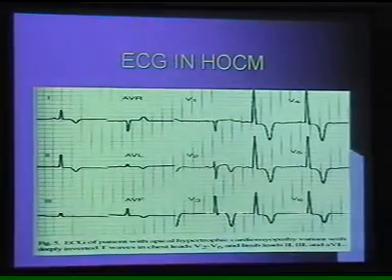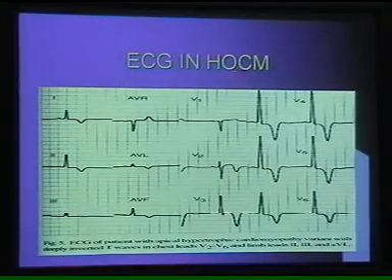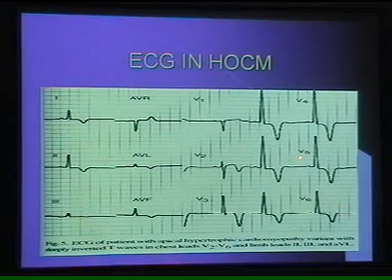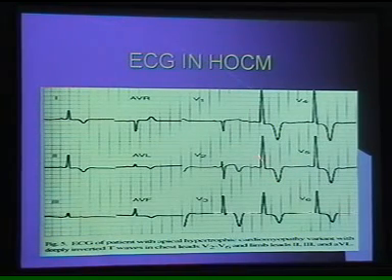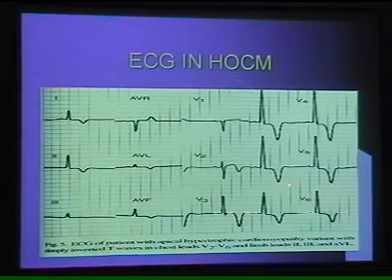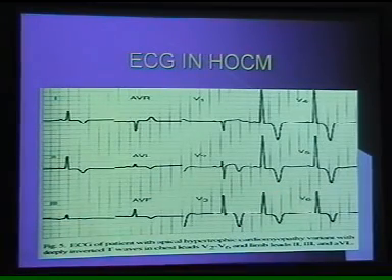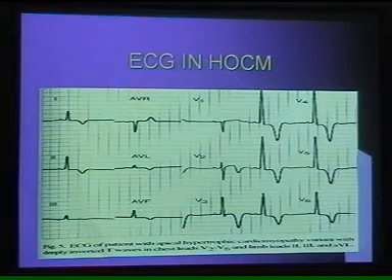Next one. Now, ECG can help in this situation because it can show the typical changes of hypertrophic obstructive cardiomyopathy, which are the deep symmetrical T wave inversions which may resemble old myocardial infarction.